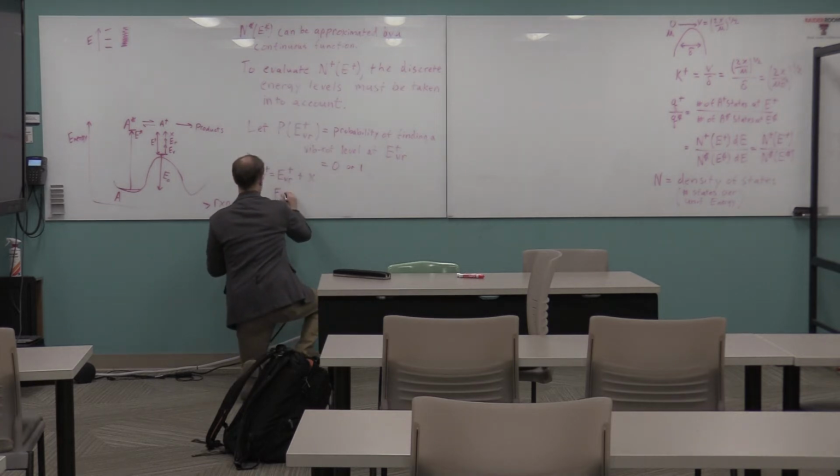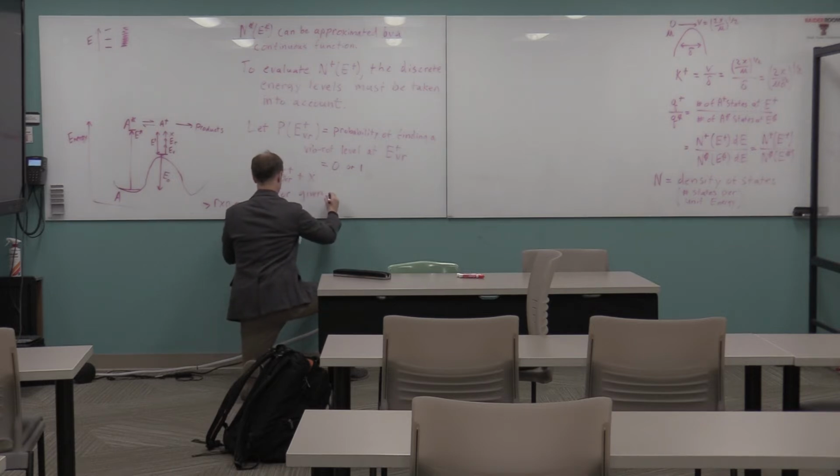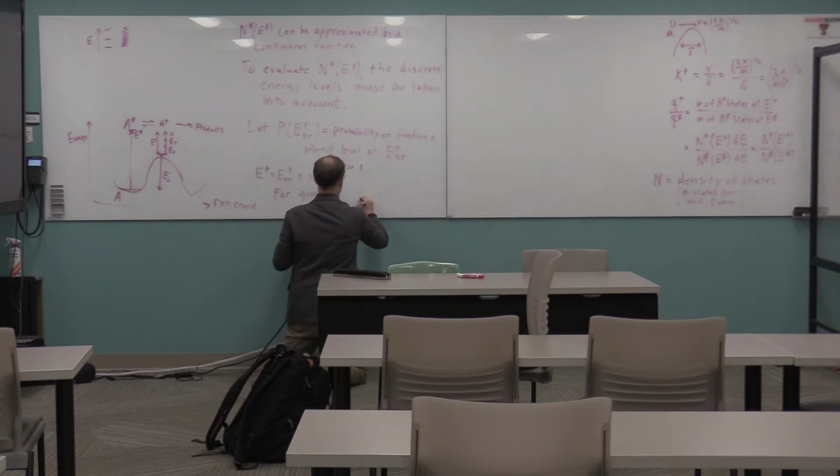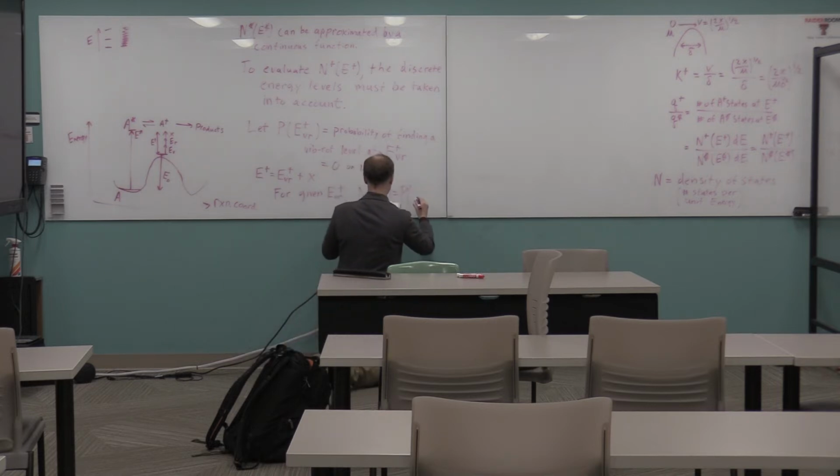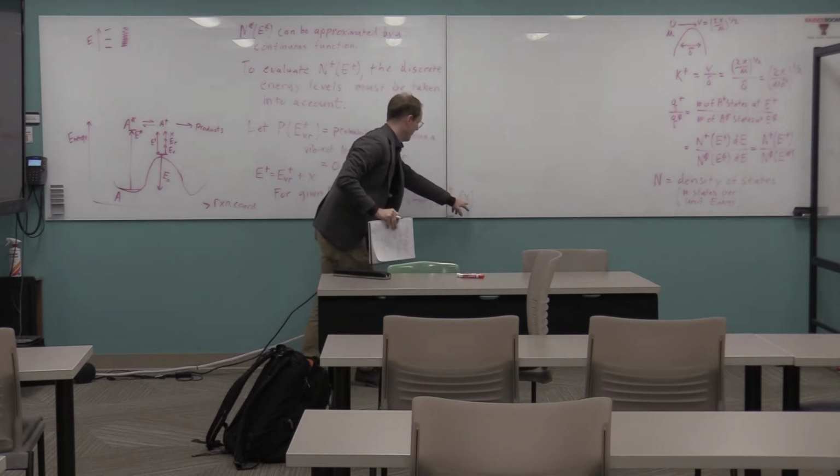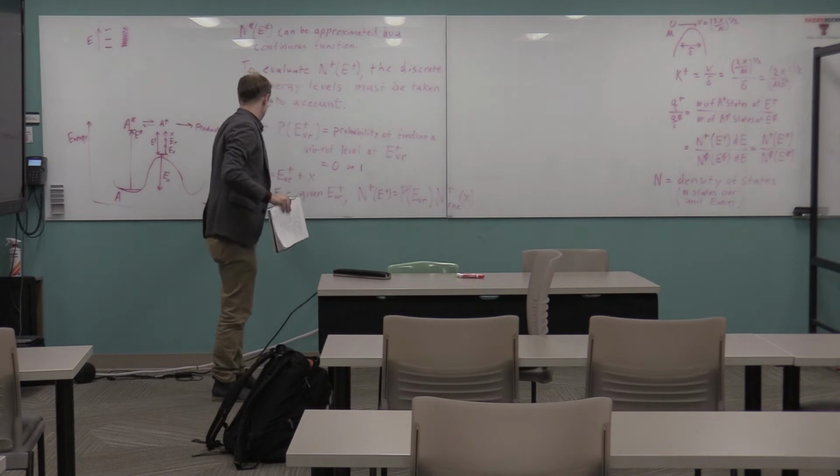So for a given value E VR plus, the density of activated complex states is going to be the probability of having a vibration rotation state at energy EVR times the density of translational energy states along the reaction coordinate, where x is equal to E plus minus EVR.